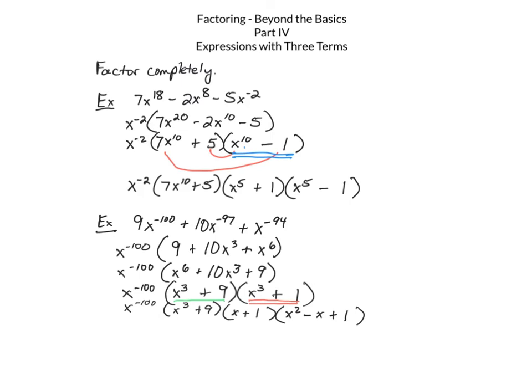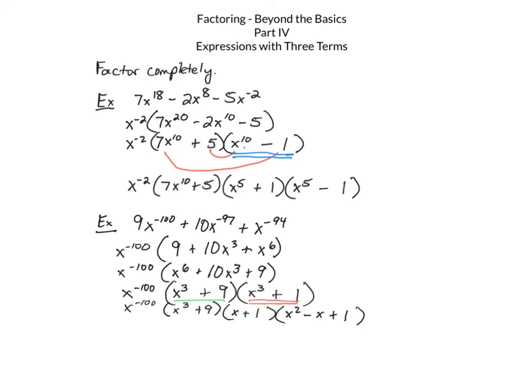Are you finding that easier to roll out that pattern? If you still don't have it down, you need more practice with that sum and difference of cubes. You might go back to the Beyond the Basics Part 3 if you still haven't practiced that one enough. But now when I'm looking at my last line, all of those factors are factored as far as we can.